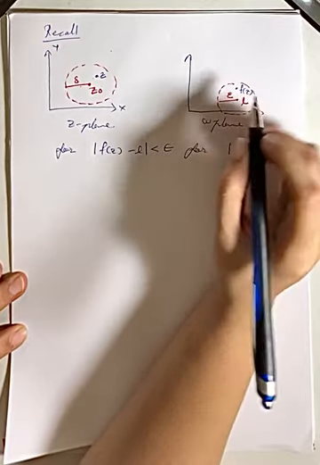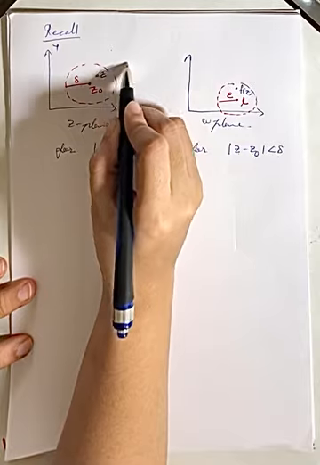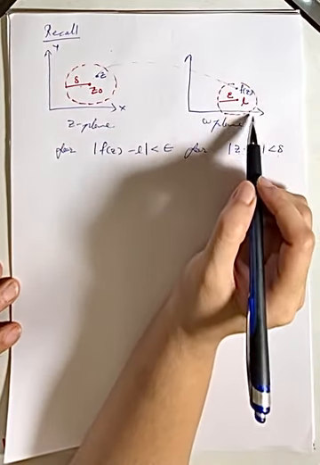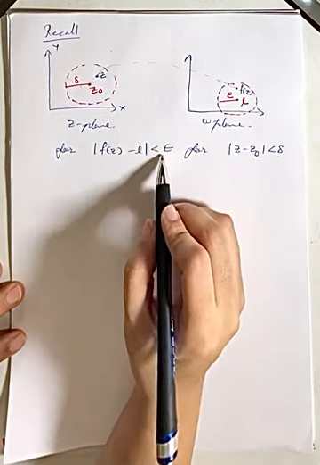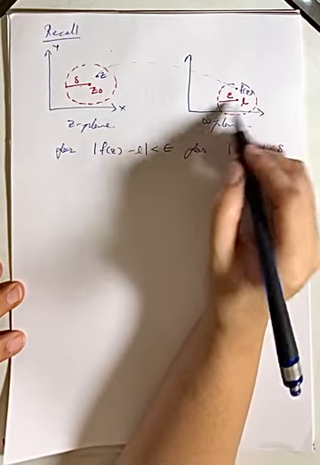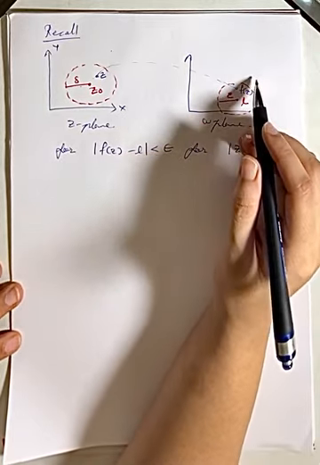So for every variable z, we should have a single valued function f of z, which will lie in the w plane, and that will also satisfy a similar relation, that it will be within the epsilon radius region. So it can't be outside this disk.